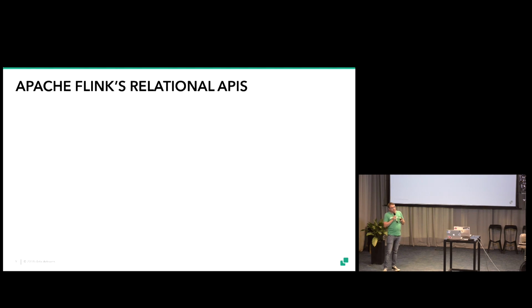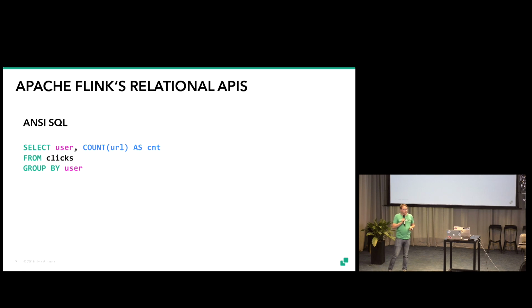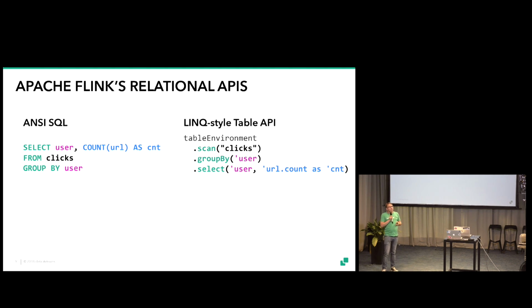So these are Table API and SQL. Those are the relational APIs of Apache Flink. There is ANSI SQL, which should look fairly similar to you. And there is also this Table API, which is language-integrated, so that's what LINQ stands for, API.